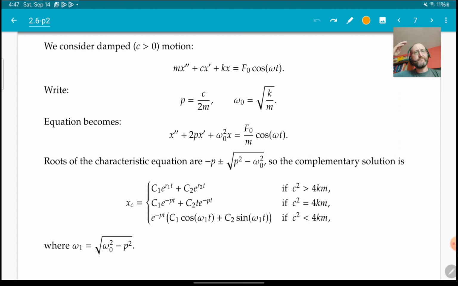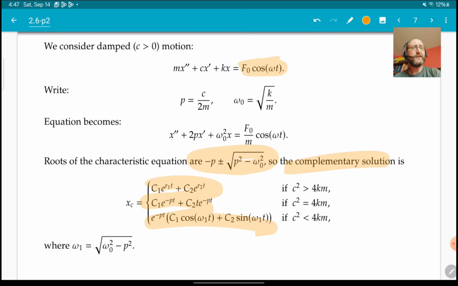And what we've solved before, when we first started looking at the unforced equation, is the complementary solution, meaning there is no right-hand side. If there is no force, then we have these solutions.